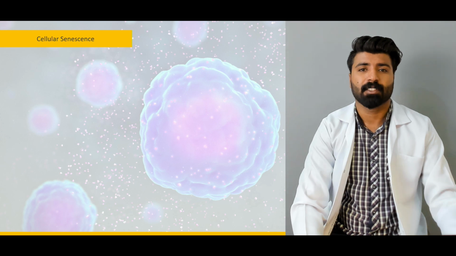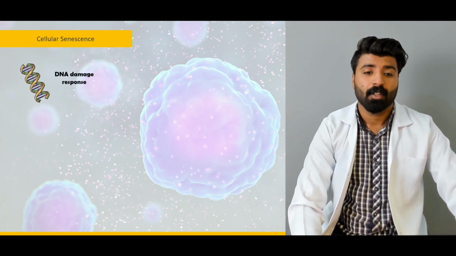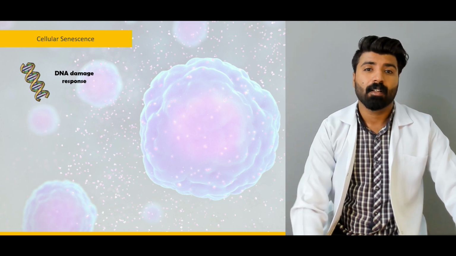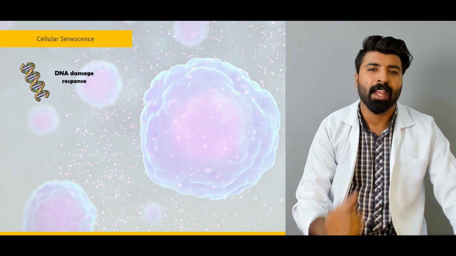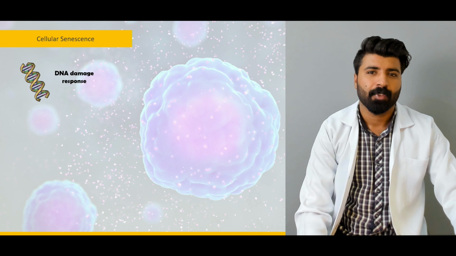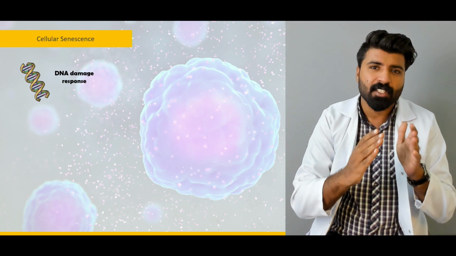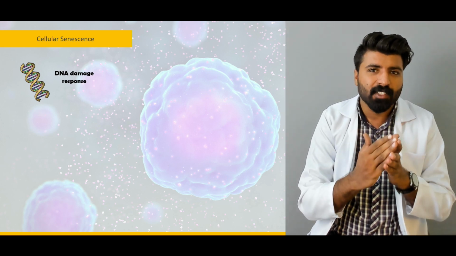Now we have a very difficult term, cellular senescence. You might be wondering what cellular senescence is. Cellular senescence means that a cell has been halted in its progress. It's not doing anything now. Now, cellular senescence is a double-edged sword. It can either stop the proliferation of cancer at the stage it is at. It's not going to let it move forward with the stage.